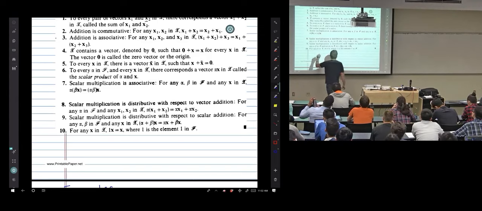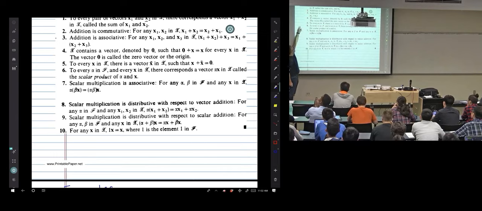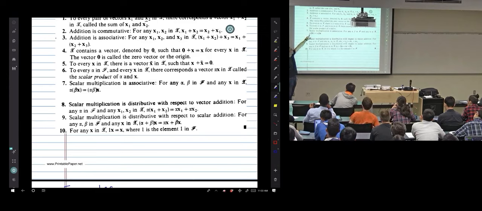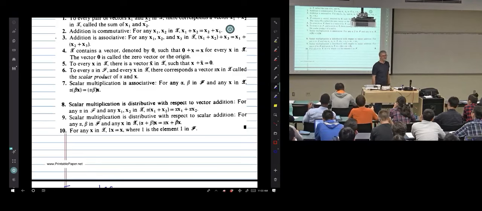I'm pretty sure this is the minimal set, but I've never tried to see if I could use 1 through 6 and 8 to 9 plus the definition of the 7 axioms for a field to deduce this. I've never checked. I'm pretty sure, but I'm not 100% sure. I'm only 99.47% sure, okay?